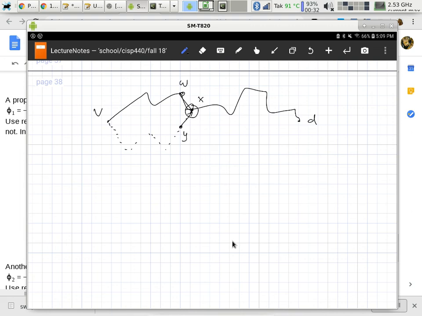Okay. So when you look into W and when you look into Y, I think the key is this has to be a direct edge here, not a path. Okay, there we go. That makes more sense, and this is also a direct edge.